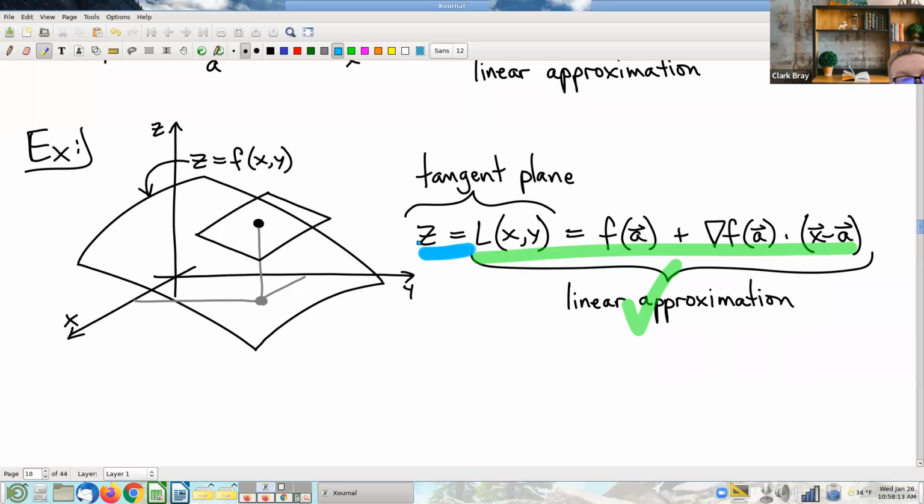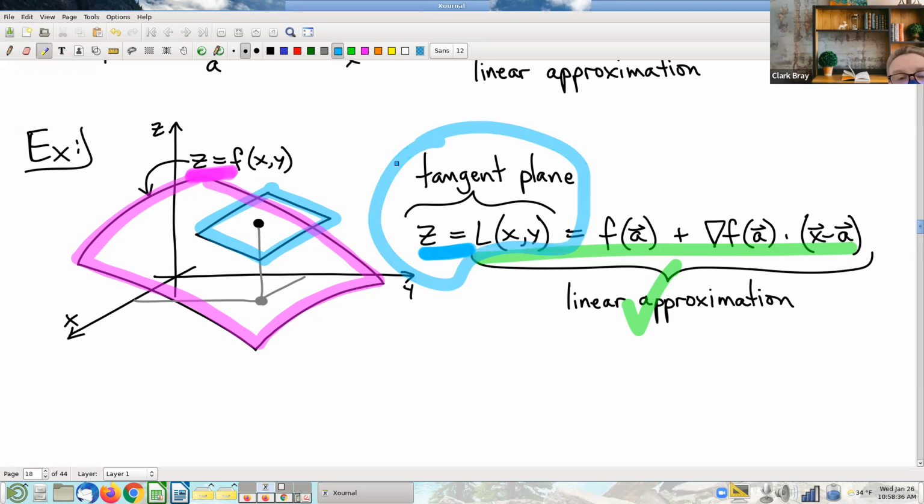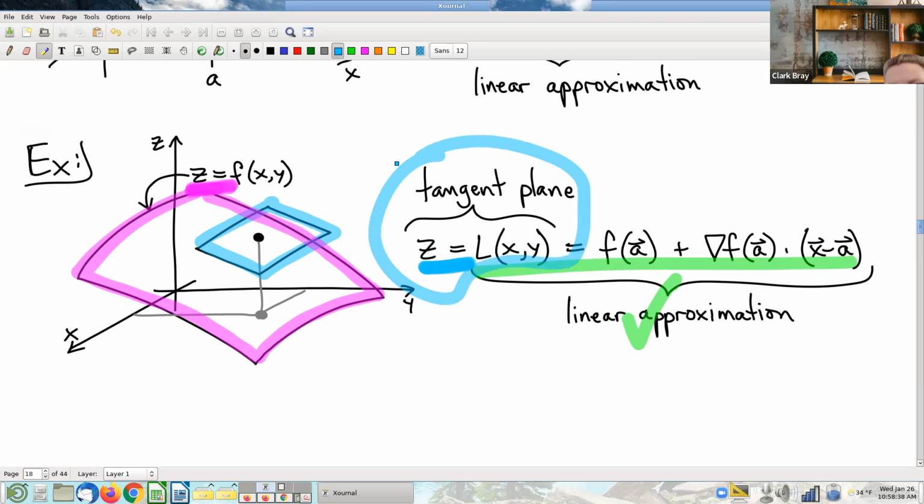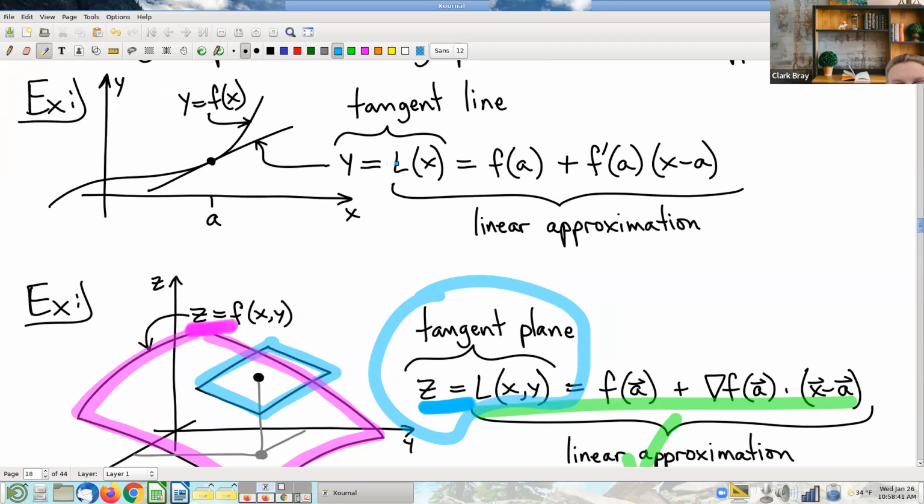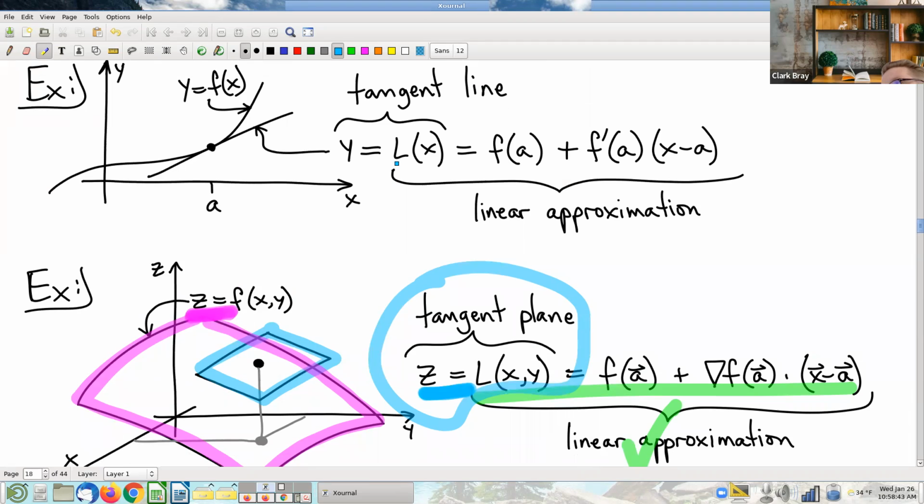So the graph is going to be a plane in space, whereas the graph of the original function is a surface that, again, I think it is reasonable to argue this plane should be sort of tracking. So this is the definition of the tangent plane. Totally in analogy with what should have been done in single variable. Okay.